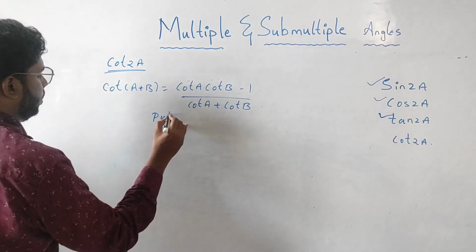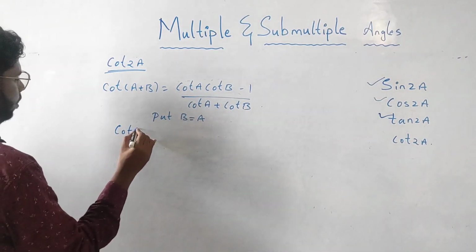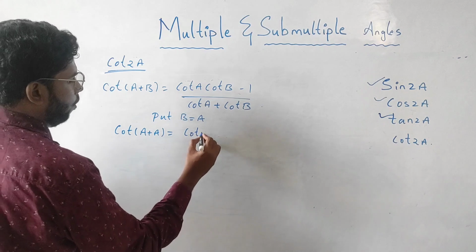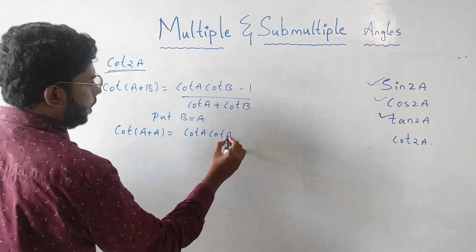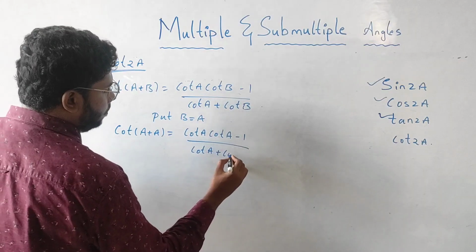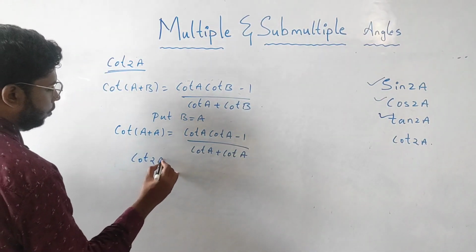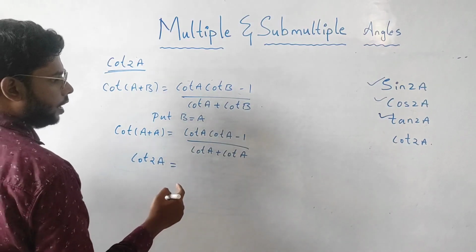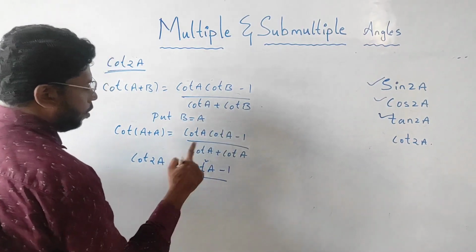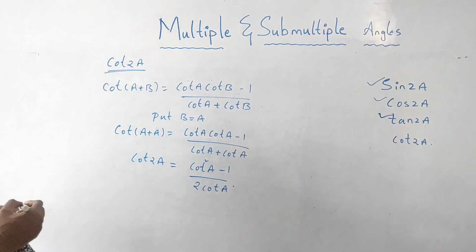Similarly, put b equal to a. So cot of a plus a equal to cot a into cot a minus 1 by cot a plus cot a. So cot 2a equal to cot square a minus 1 by 2 cot a. So this is about cot 2a.